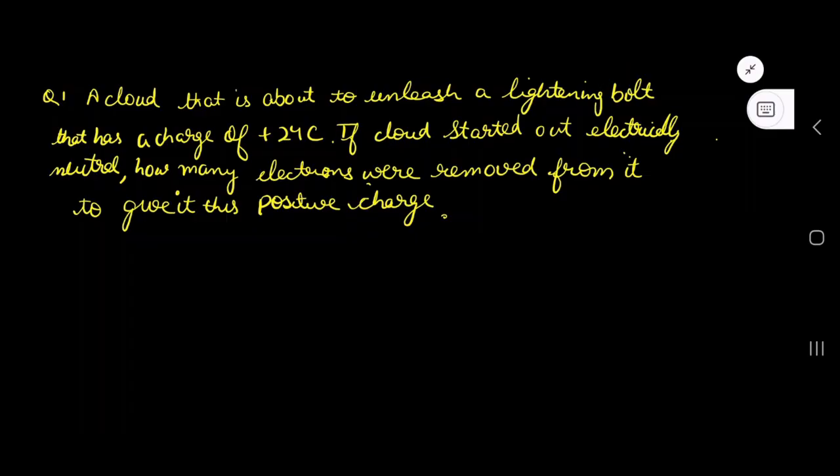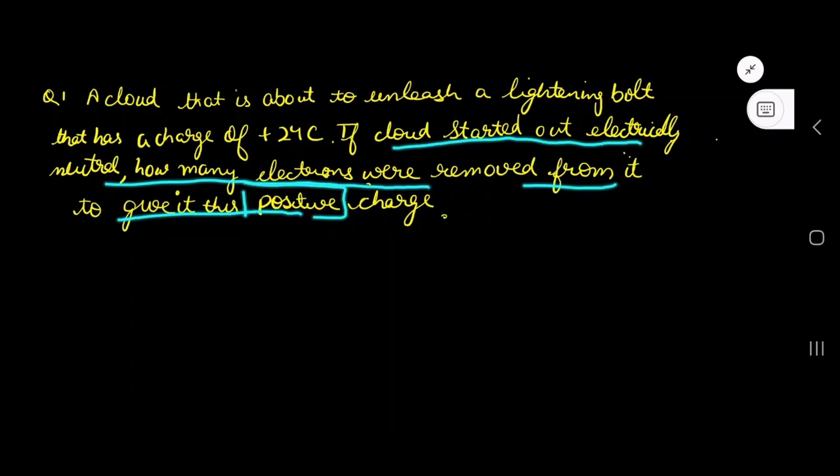So the first question says, a cloud that is about to unleash a lightning bolt has a charge of plus 24 coulomb. If the cloud started out electrically neutral, how many electrons were removed from it to give it this positive charge?